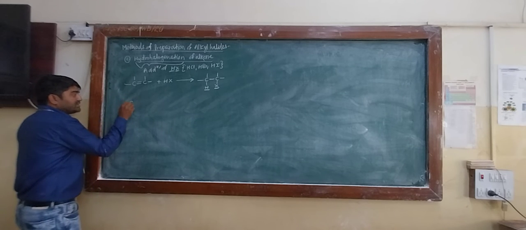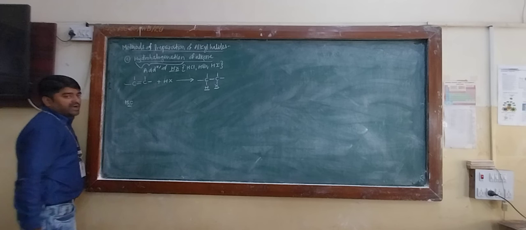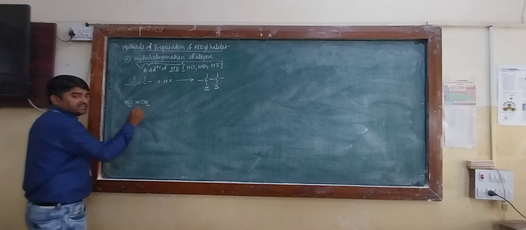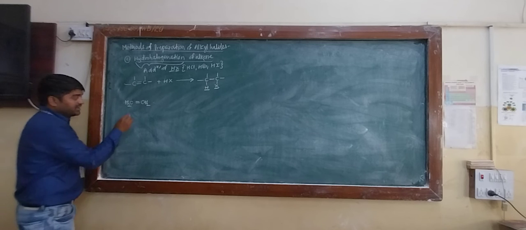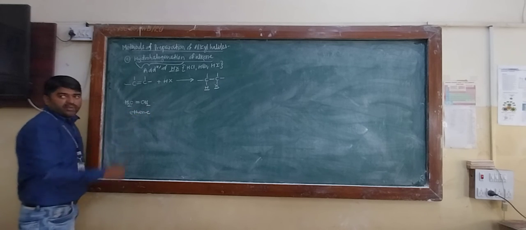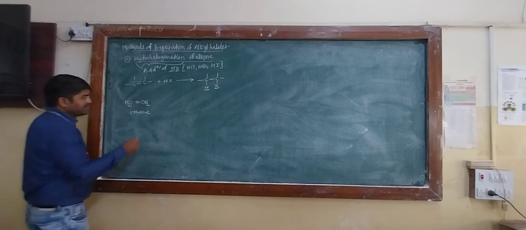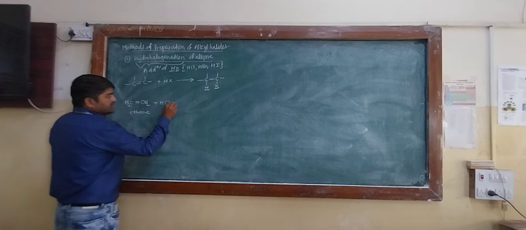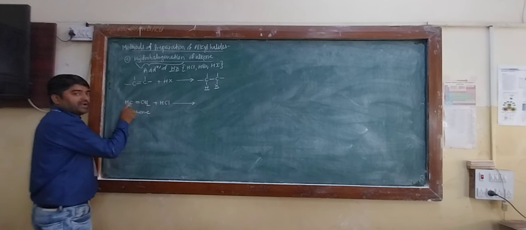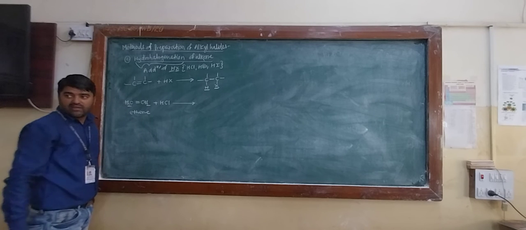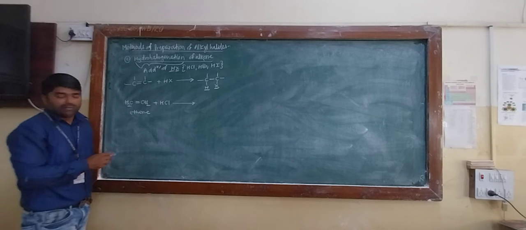Let us see the example of addition of hydrogen halide to CH2=CH2. You know, it is ethene, a symmetrical alkene. The common name is ethylene, the IUPAC name is ethene, plus hydrogen chloride. Right. So what you get? This is symmetrical, so the electrophile and nucleophile attach at either of the doubly bonded carbon atoms.